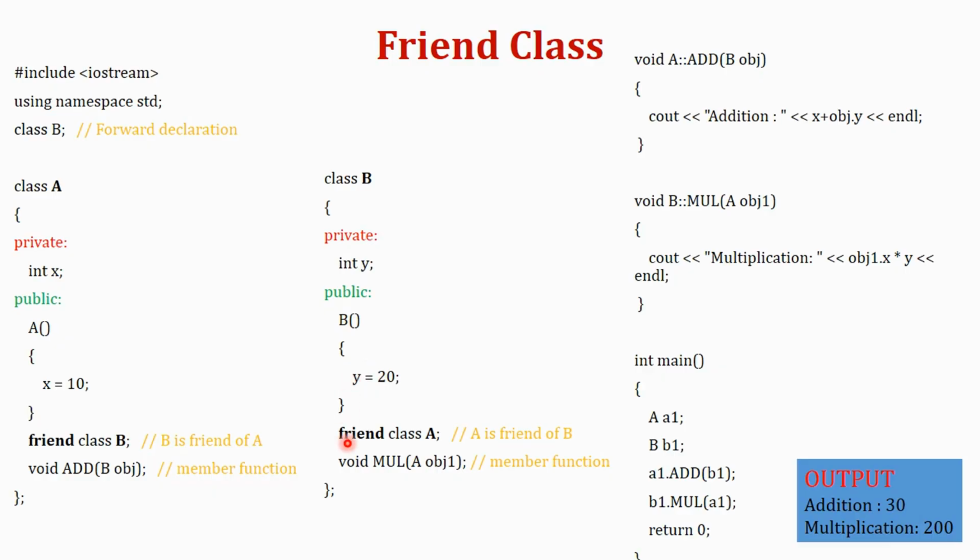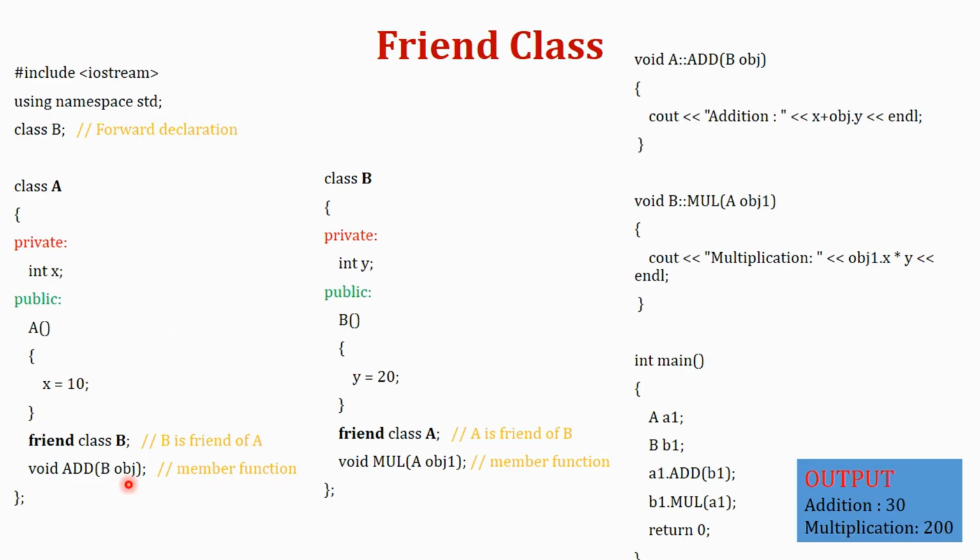Next we are making the friendship: friend class A. It means A is a friend of B. Again we are declaring one more function, void multiplication, with class name A, creating an object here, and then the class is closed. In that case, A is allowed to access the private member of B, and B is also allowed to access the private member of A. So there is a mutual friendship between them.